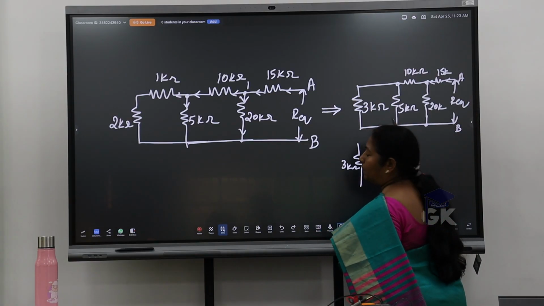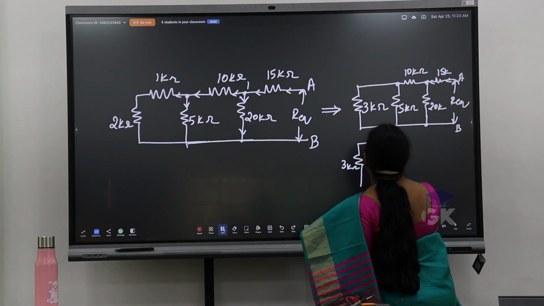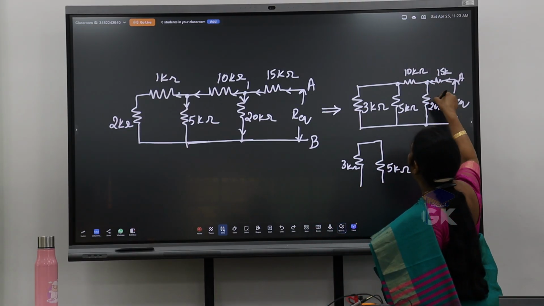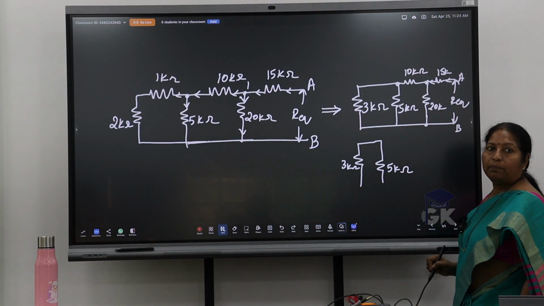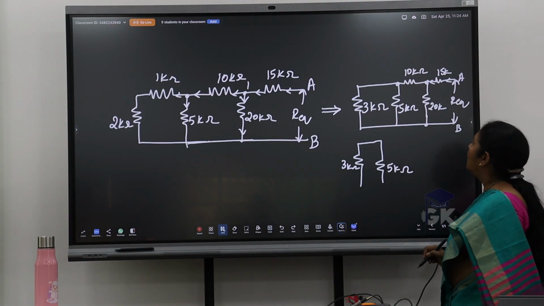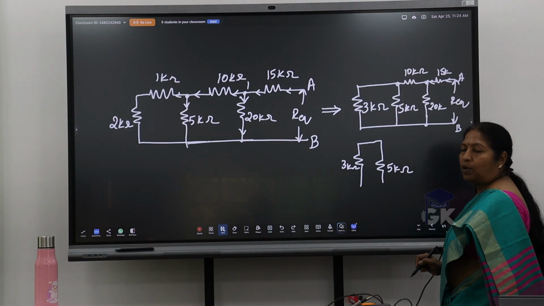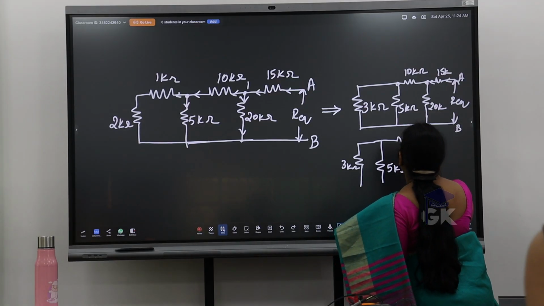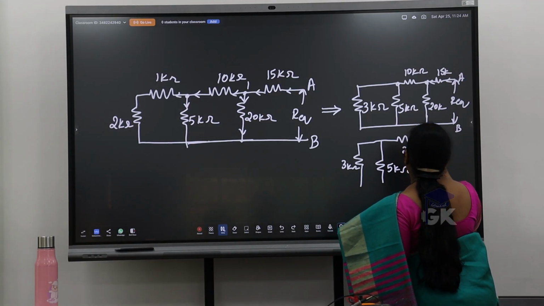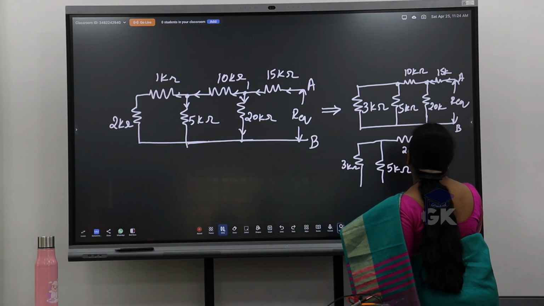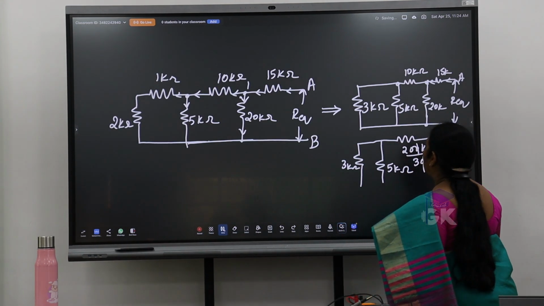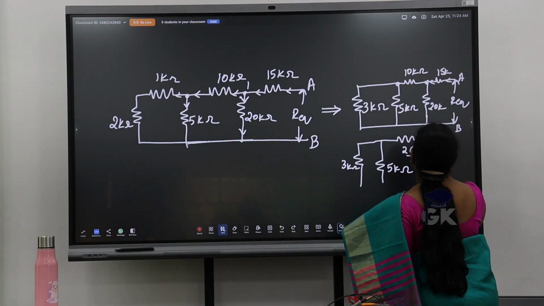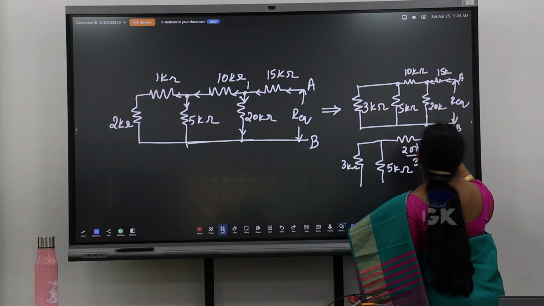Next 5K also I'll take as it is, and these two I'll reduce into a parallel branch, that is 10K and 20K. So what is the equivalent resistance? 200K by 30K. So 20 by 3. And I have in series 15K. Correct?